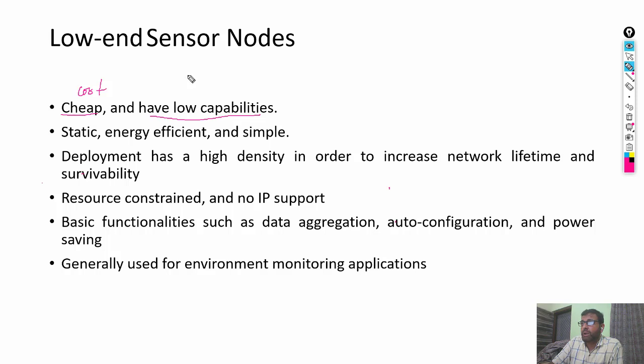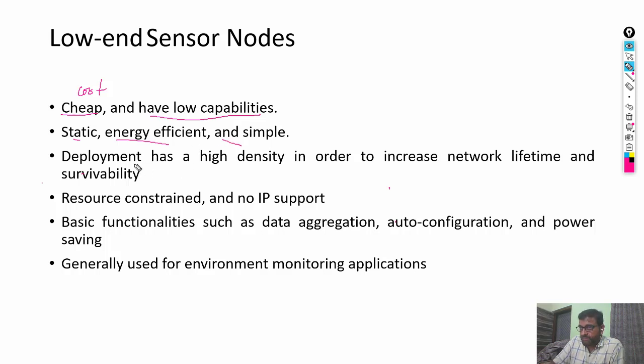I'm concerned about the low end sensor node, the low end machine to machine node. Those nodes have a very low cost, their computing capability is also limited, and they are static, energy efficient, and simple.